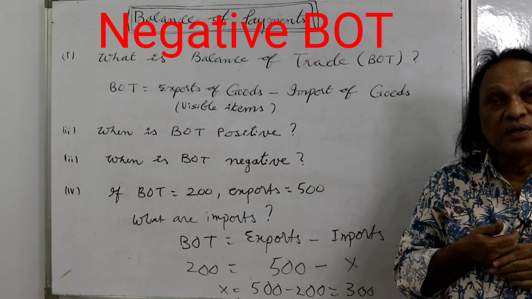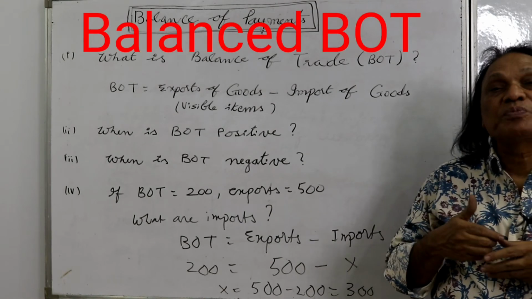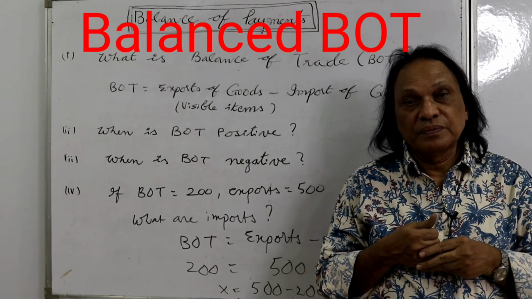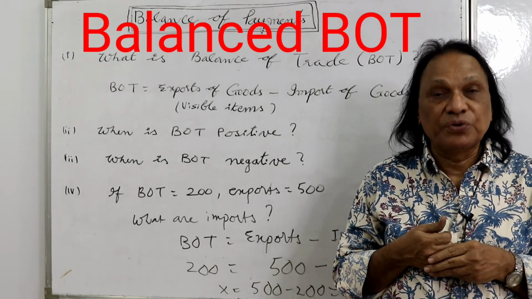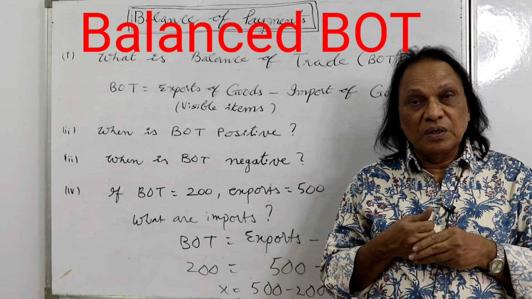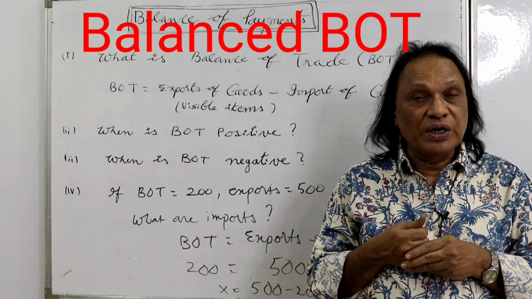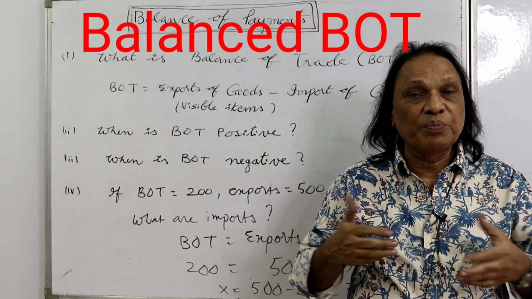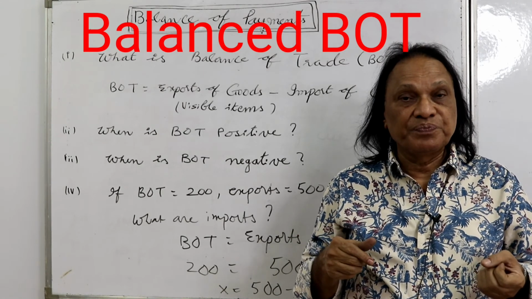The third one I didn't write here. When is a balanced BOT? When is BOT 0? When the exports of goods is equal to import of goods, or exports of visible items is equal to import of visible items, BOT is 0 or balanced.